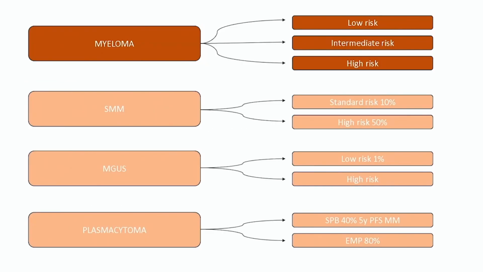So what happens is basically we are extending from one disease to something like this, where we have multiple myeloma with 3 different risk categories, and then the precursors also with different risk categories. I'd like to mention that myeloma risk stratification is based on who is the patient going to relapse faster, or who are those patients who are at greater risk of relapse.